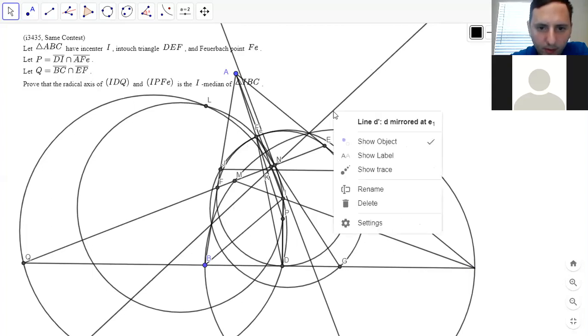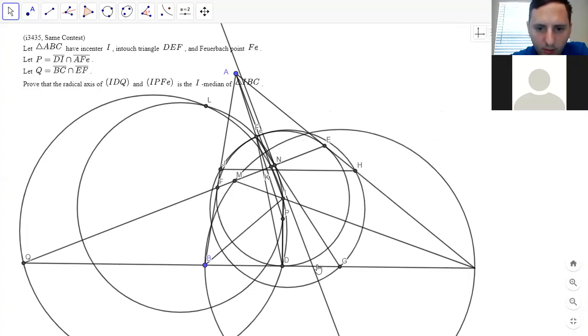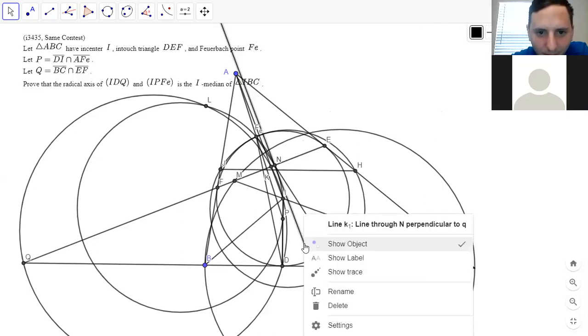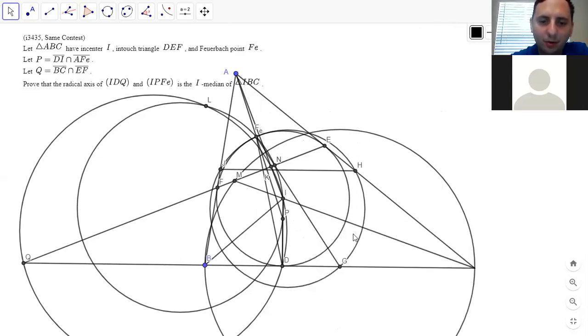Yeah, I'm gonna delete this line. This line. Whoa, that scared me. Okay, this is just AN. Wait, what? Oh, this was the perpendicular. Yeah, we were talking about that before.